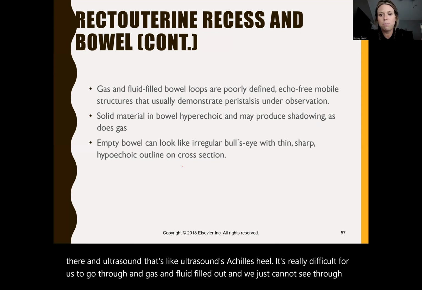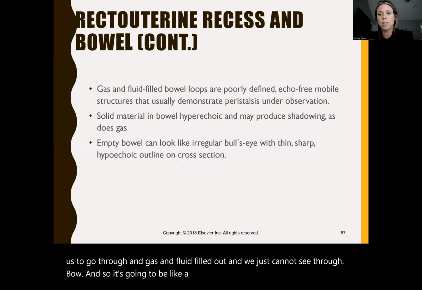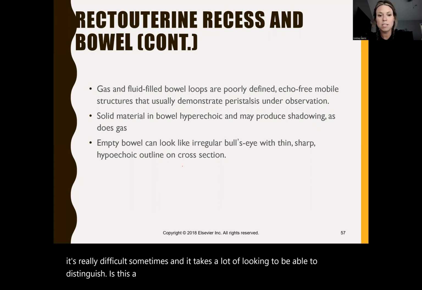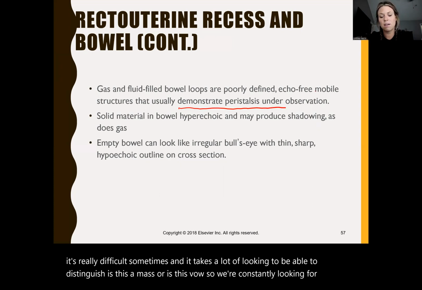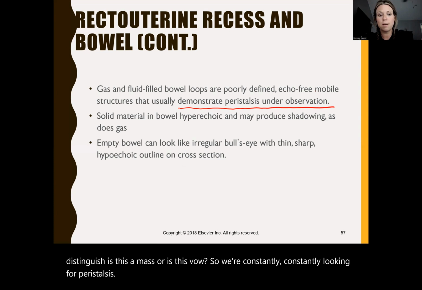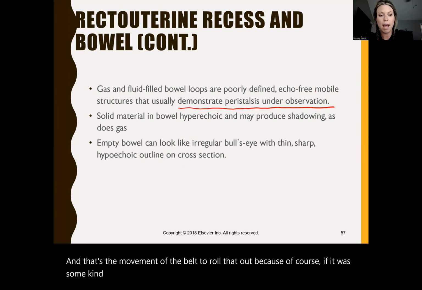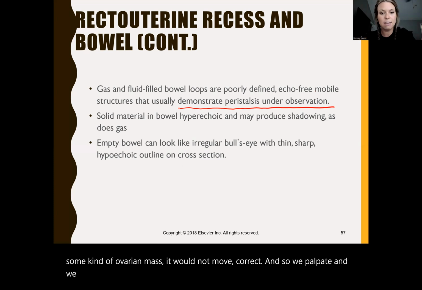So it's going to be a poorly defined echo-free mobile structure, and it takes a lot of looking to distinguish, is this a mass or is this bowel? So we're constantly looking for peristalsis, and that's movement of the bowel, to rule that out. Because of course, if it was some kind of ovarian mass, it would not move, correct? So we palpate and push and try to see if it moves, and if it does, that rules out a mass.